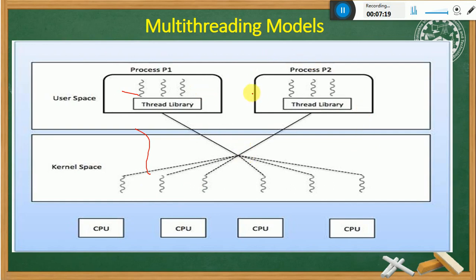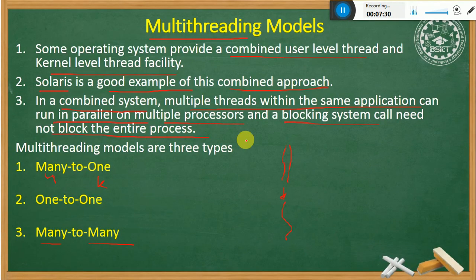There may be multiple user threads, and multiple user threads may have multiple kernel threads. Basically there are only three approaches: many to one, one to one, many to many. One to many is not available. My dear students, a single user thread cannot have multiple kernel threads.